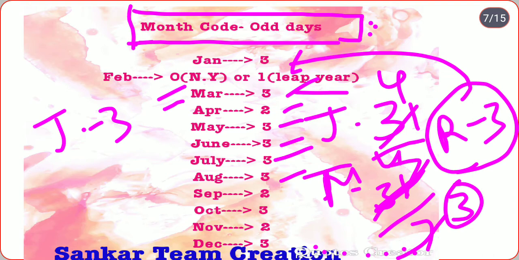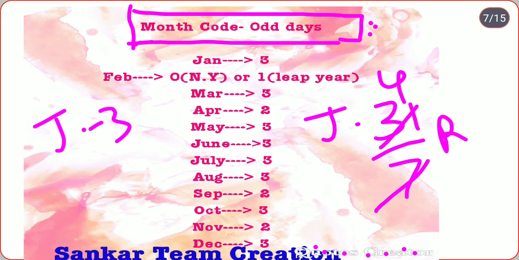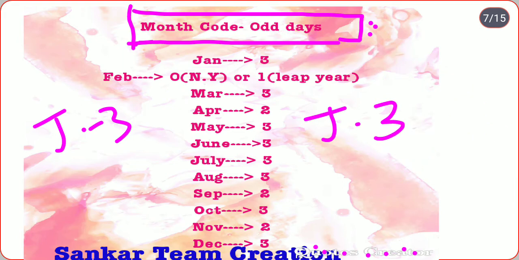Month code odd days for January, February, March, April, May, June, July, August, September, October, November, December. So how do you find out the month code? I will give the structure. Please note it down, compulsory.